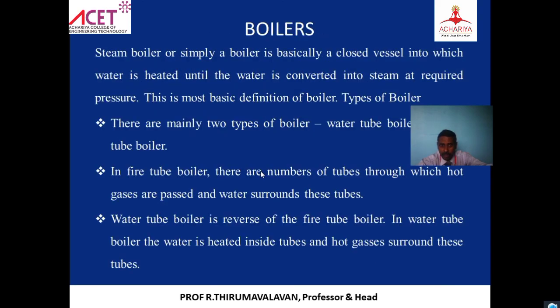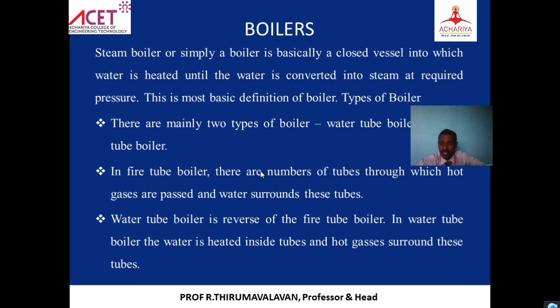Next class we will see what is meant by a boiler. We are discussing vapors now, so next we will see boilers, the next topic. How is that vapor generated, whether it is mercury vapor or water vapor? Whatever the vapor, if you want it to perform work, we need high temperature as well as high pressure.